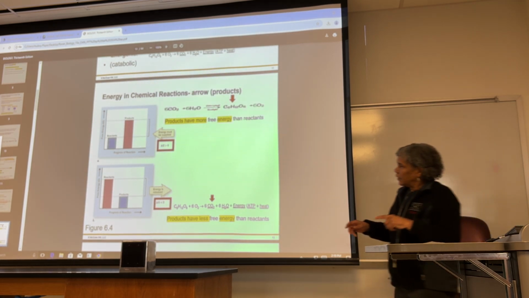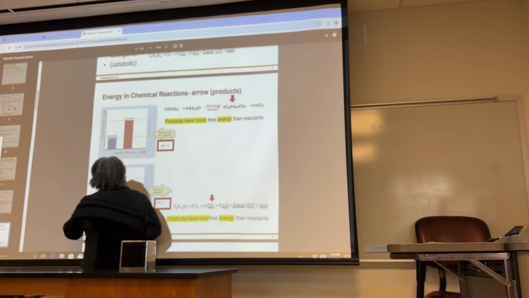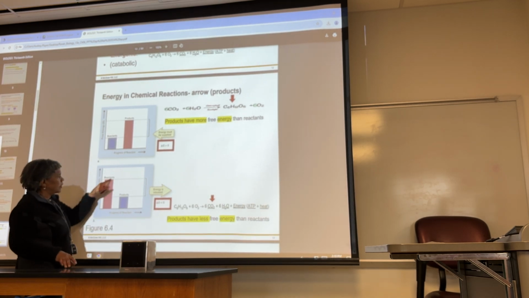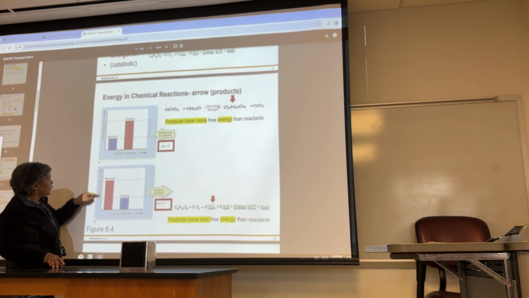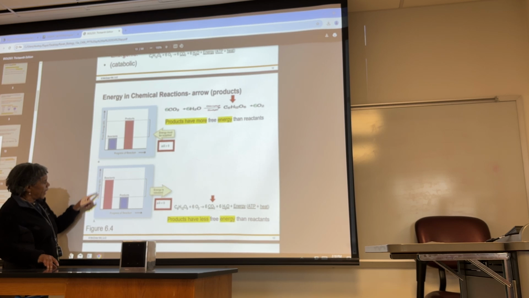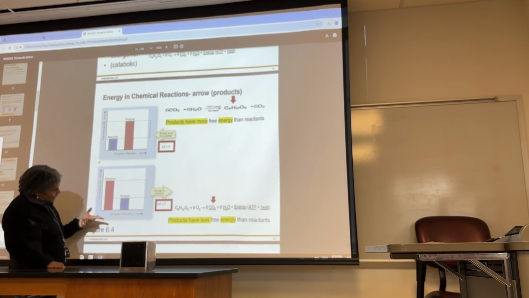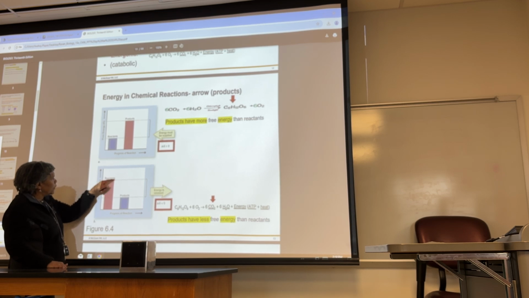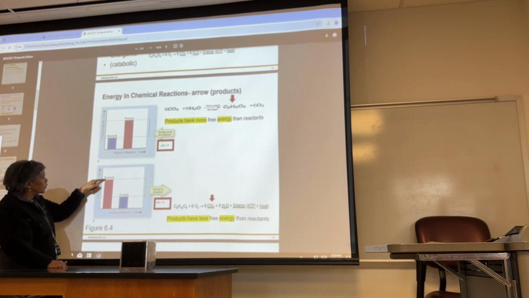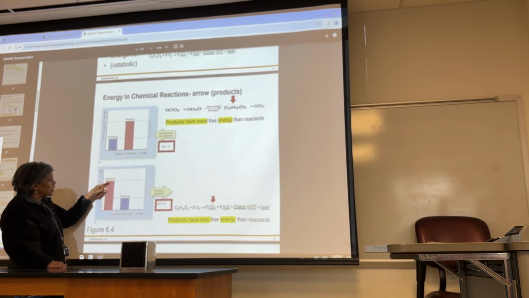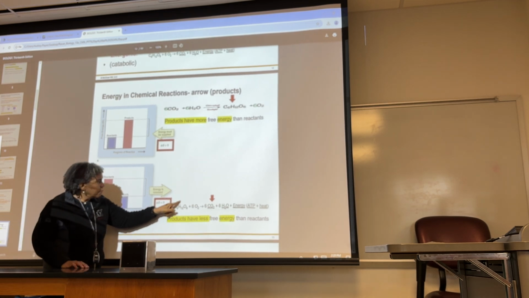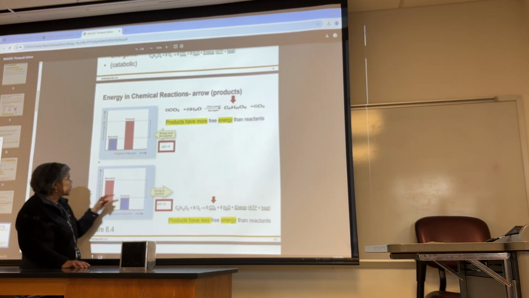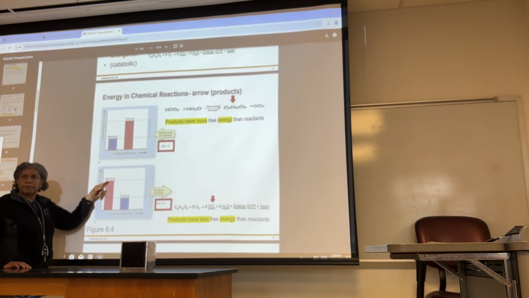Okay, now, this is the energy, and this is free energy on the y-axis, and on the x-axis, if we can call it an x, is the reaction. For the free energy associated with the reactants, all this says is C6H12O6 has this much free energy.